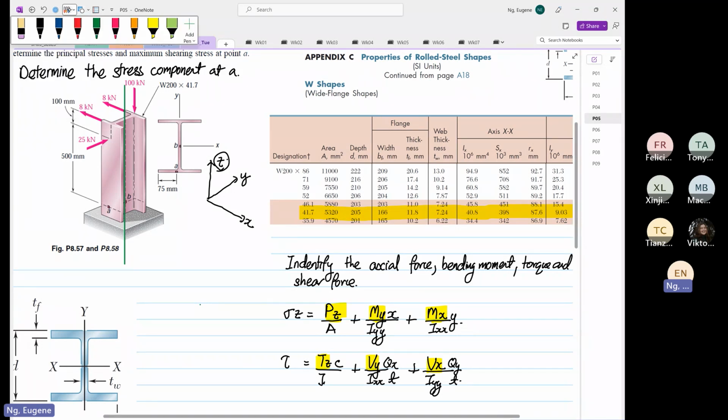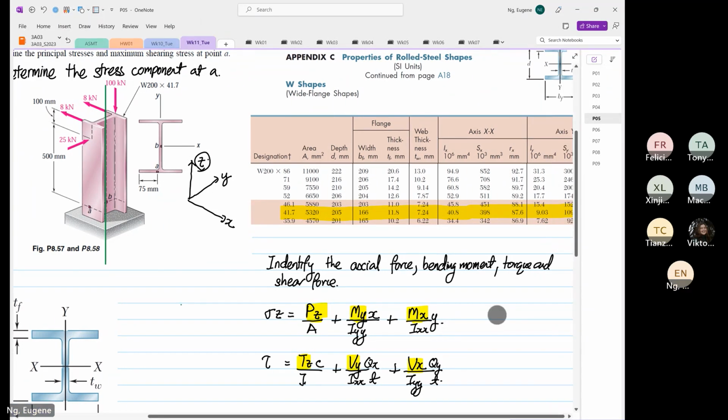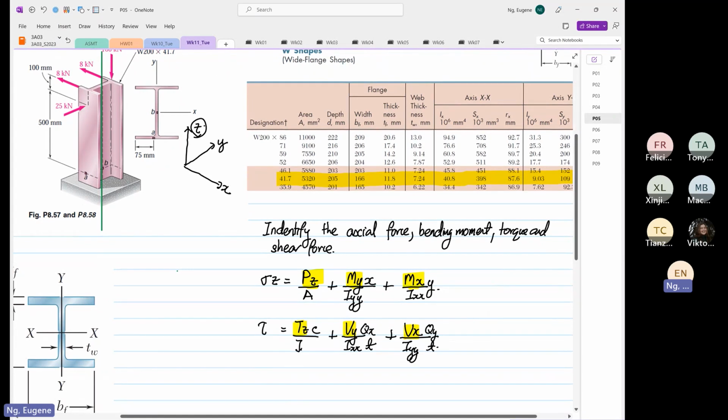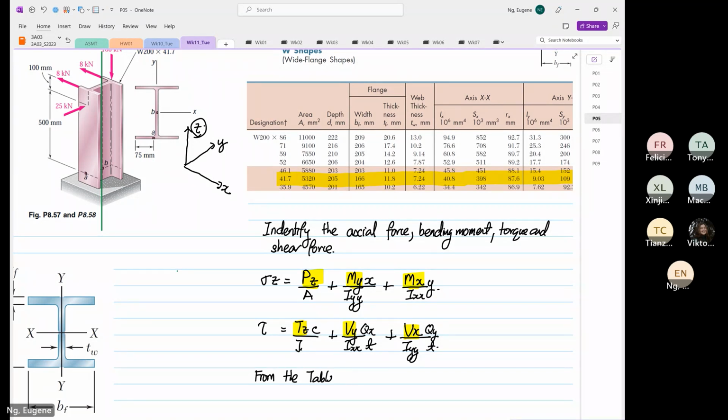So from the table, we know that Ixx is equal to 40.8 times 10 to the power minus 6 meter 4.